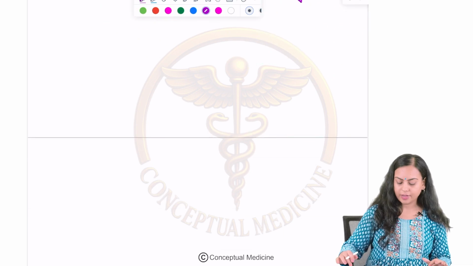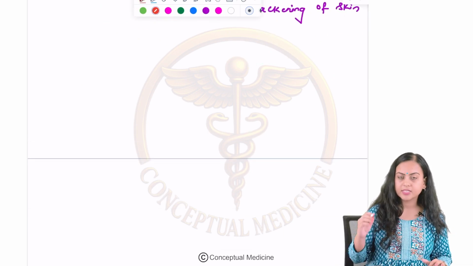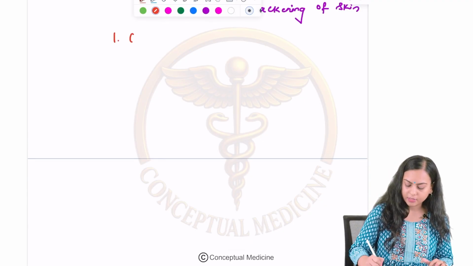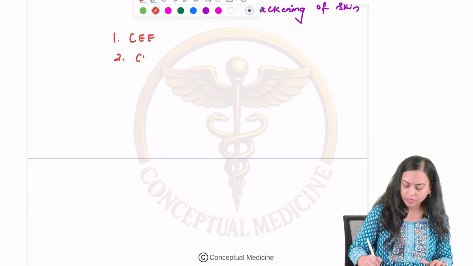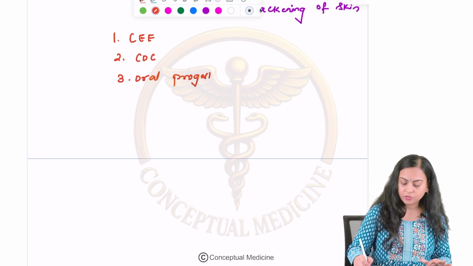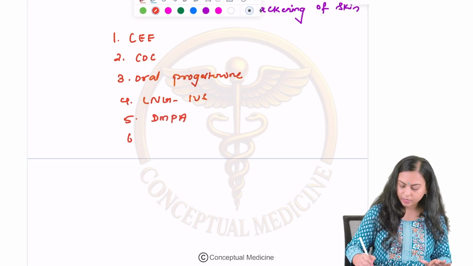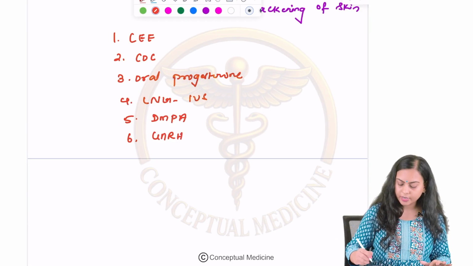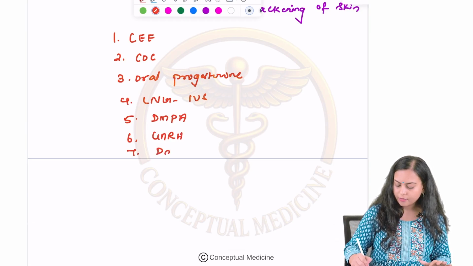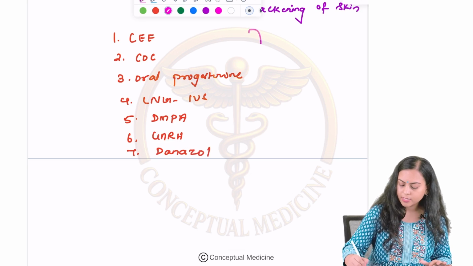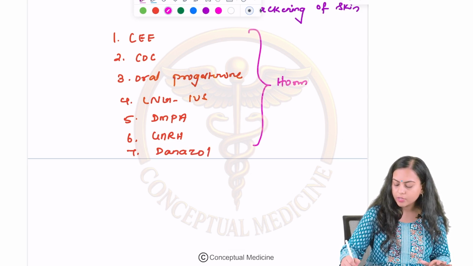So to summarize, what we have discussed under hormonal treatment of AUB: conjugated equine estrogen, then combined oral contraceptive pills, then how to give oral progesterone, then levonorgestrel IUS, your DMPA, then GnRH analog, which is your leuprolide acetate, and finally danazol. So all these are the hormonal agents that are used in the treatment of AUB.